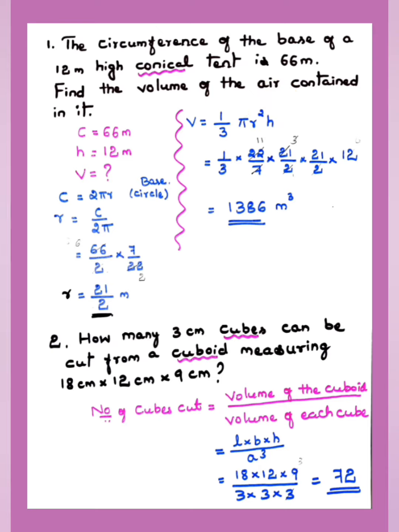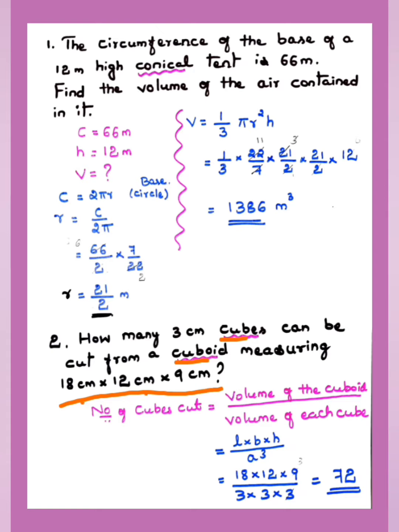Okay. We shall solve the next one. How many 3 centimeter cubes can be cut from a cuboid measuring 18 centimeter into 12 centimeter into 9 centimeter? So look at the question here. Mark the keywords. It's about cube and cuboid together they have given, and some value of cuboid is given in case of measurements.